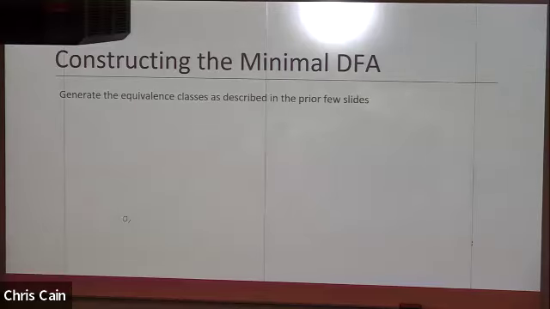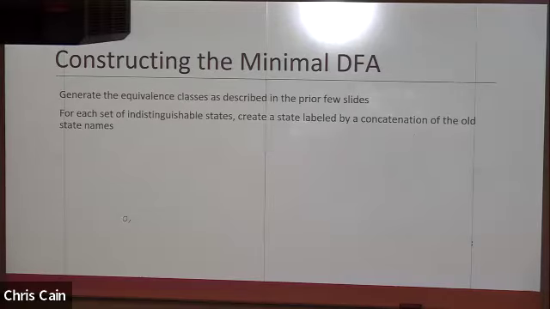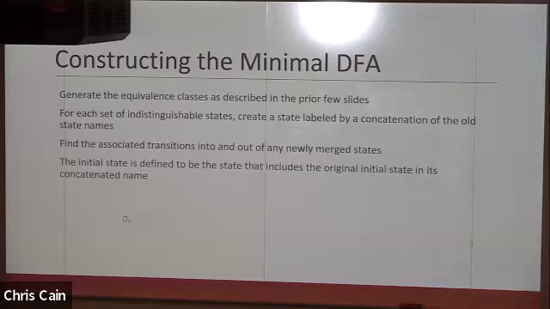But yeah, we've basically already talked about the entirety of the remainder of these slides because pictures are better than words. So yeah, generate equivalence classes for each set of the states, create a state labeled as the concatenation of the old states, associate transitions into and out of the newly merged states and merge them. Exactly as we just showed.